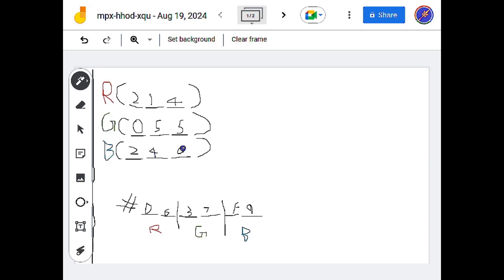So if all these were F, they would all be 15. Which 15 16s plus 15 ones is 1 short of 16 16s. 16 16s is 256. That gives us 255. So if these are all F's, these are all 255, which gives us all of everything in every color, which gives us white. Now if these are all zeros, you have nothing, which is black.